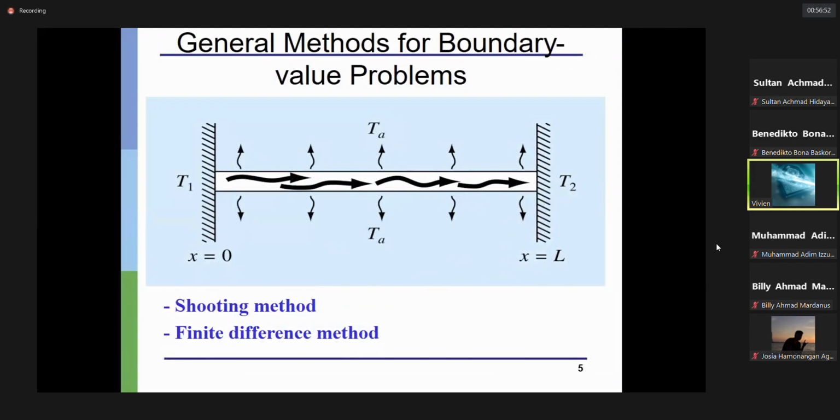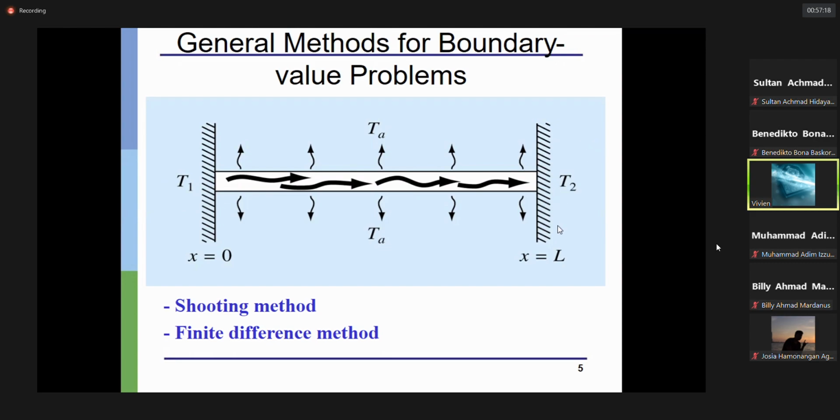So we will see the example here. The example is most common in heat transfer. If you have learned heat transfer before, you might have learned this as well. This is one-dimensional heat conduction in a rod. For example, we have a rod here and the left boundary condition is held at a constant temperature of T1.